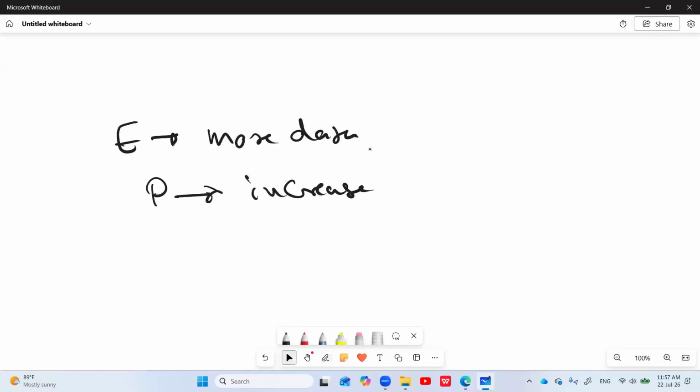Is that correct? Instead of 10,000 emails, you provide 1 lakh of labeled emails. That means you are learning more. When you learn more, your performance will increase. That means your ability to classify spam and ham will increase. That is the engineering definition.